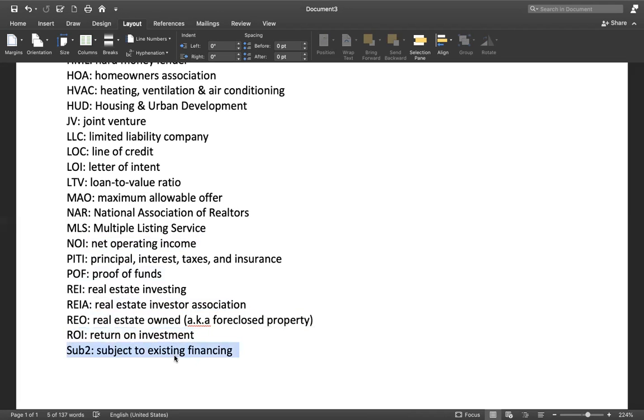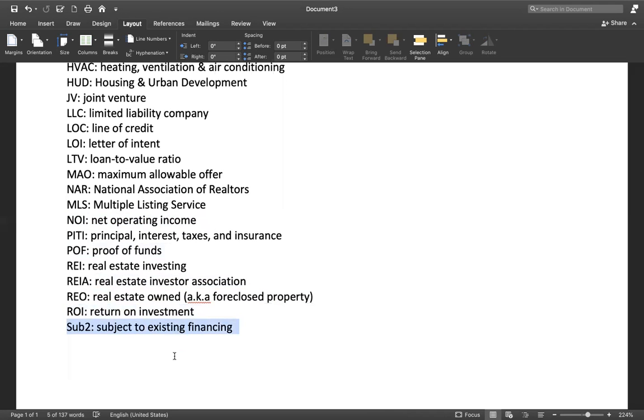And the last one that was covered today is Sub 2, or it stands for subject to existing financing. So an example here is if you're purchasing a property and the person has a loan left on it with a really low interest rate, and instead of finding the cash to buy them out, you could take over their mortgage payments. You probably have to give them a few $1,000 down to do this.